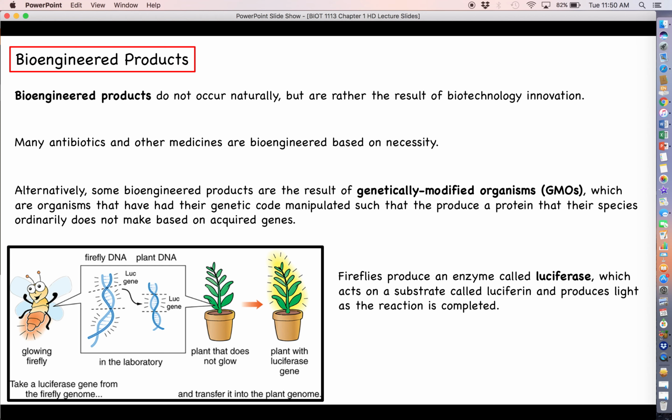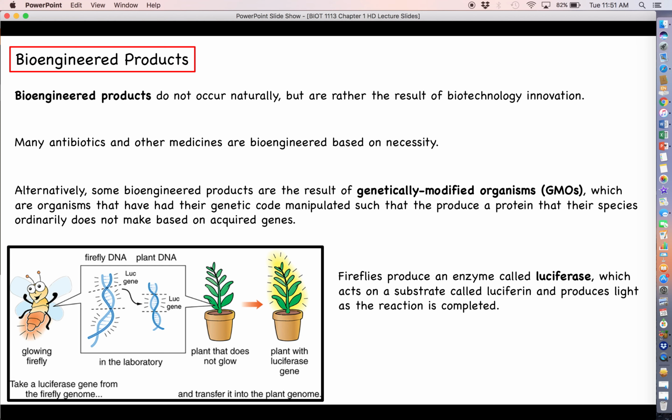So the idea here is that since luciferase is a protein, and since there is a gene, a DNA sequence that provides the instructions on how to make luciferase, well, theoretically, we can isolate this gene and transfer it to a different organism and ipso facto give them the ability to glow.